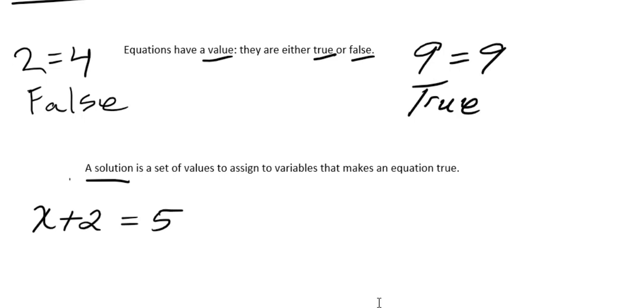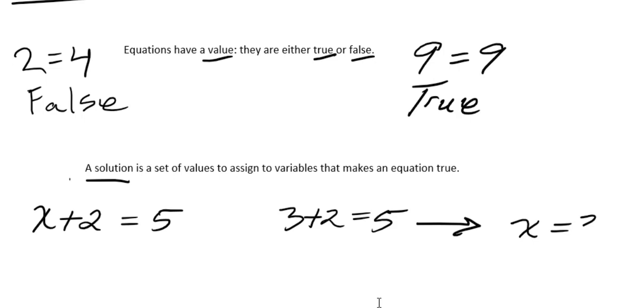We would say, well, we know that 3 plus 2 is 5. Therefore, it must be the case that x has to be 3 for this equation to be true. So then we say that x equals 3 is the solution to this equation. Okay. So this equation here has solution x equals 3 because 3 plus 2 is 5, and that's what makes this true.